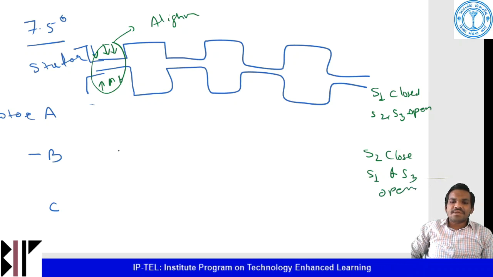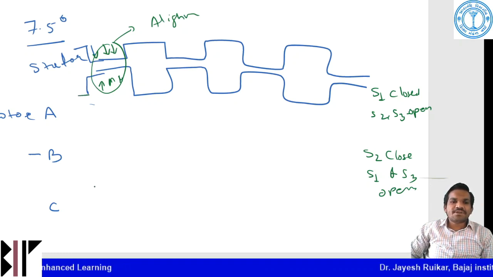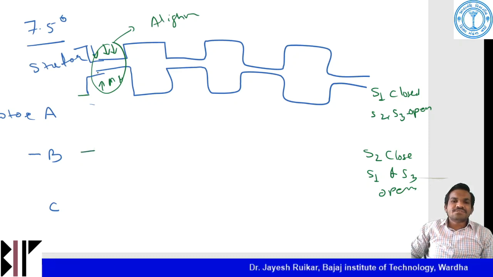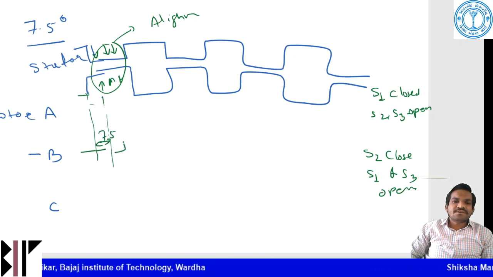So when S2 is closed, my B phase is energized and it will give me a displacement of 7.5 degree. Initially this is 7.5, so this displacement is 7.5.